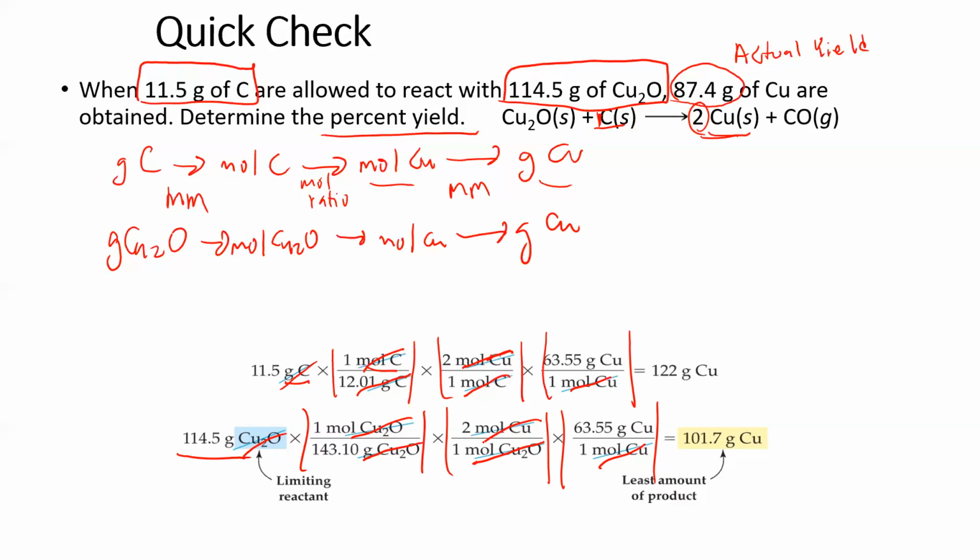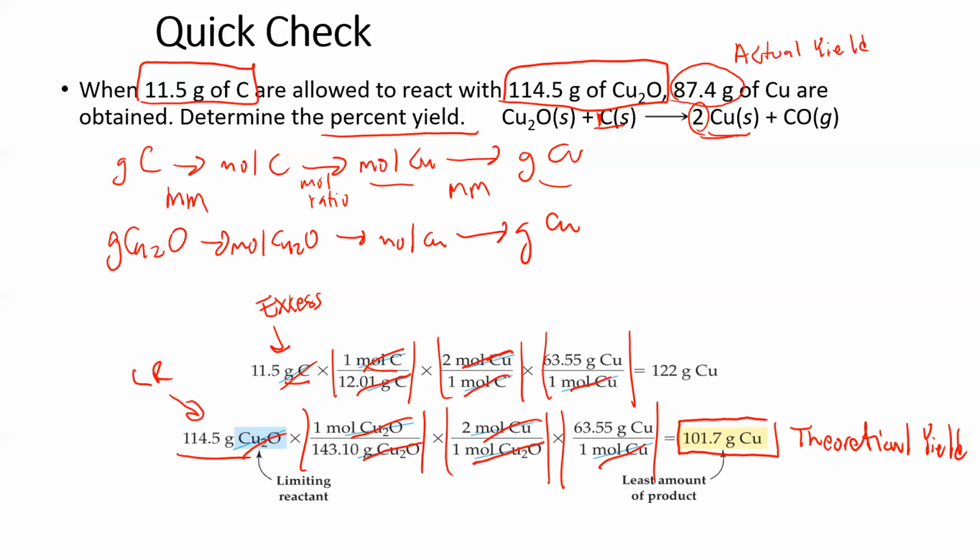Just like our limiting reactant problems, we pick the smaller amount. So 101.7 grams is less than 122. So this is my theoretical yield. And then I also know that the carbon is in excess. And I also know that the copper 1 oxide is my limiting reactant.